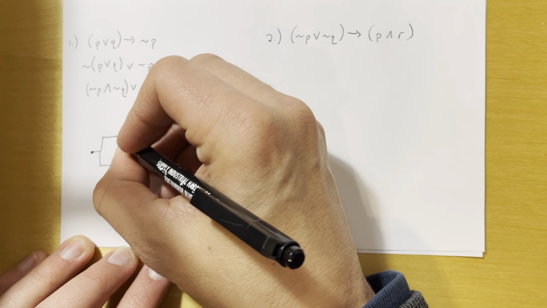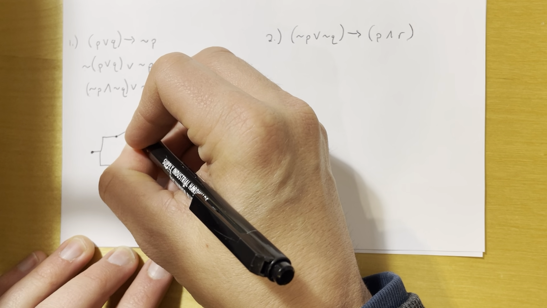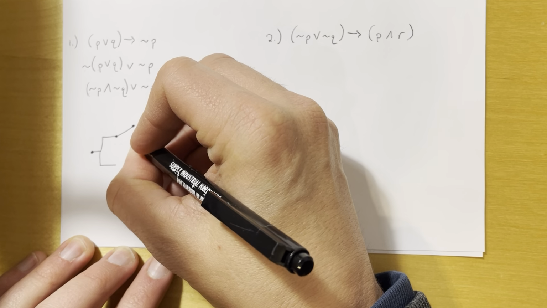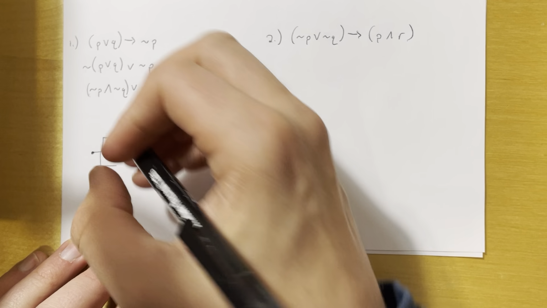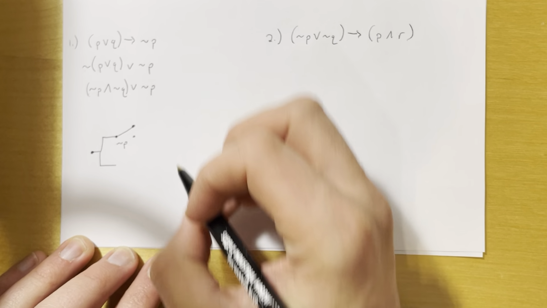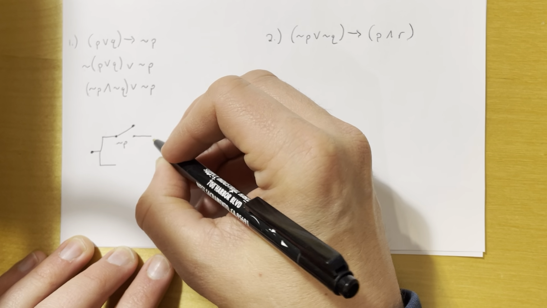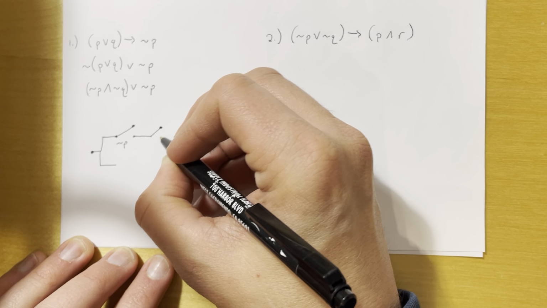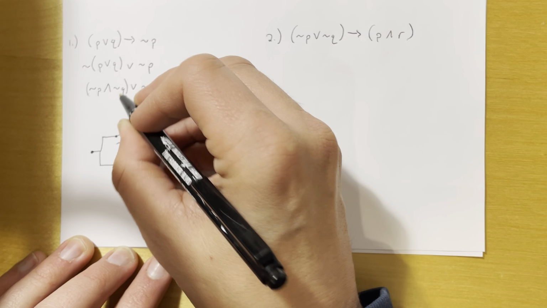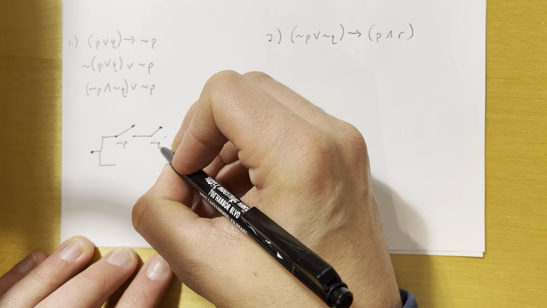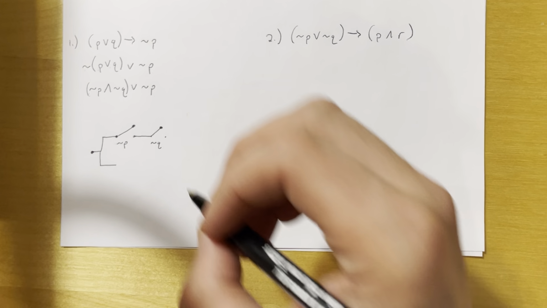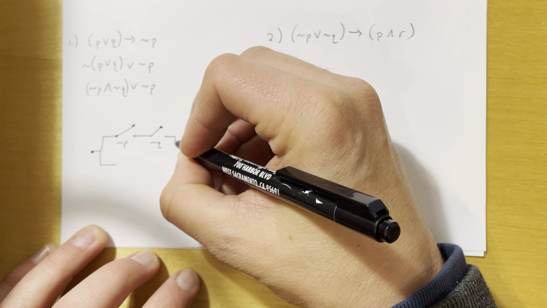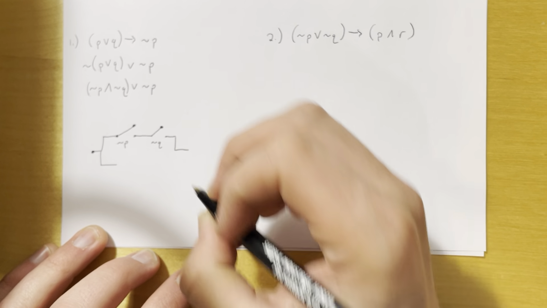So I'm going to have a switch right here, and that's going to be the not P that's showing up. And then I'm going to have a second switch right after that, representing the not Q that's showing up there. Okay? And so that's going to be the top part of my circuit.